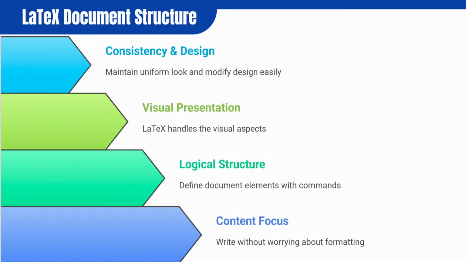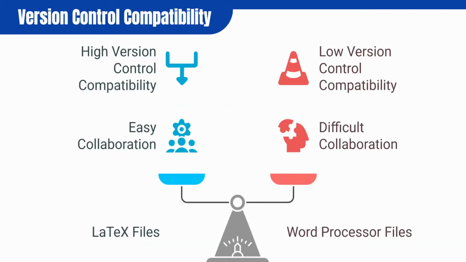So here is version control compatibility. Many times you have observed that when you prepare a document in a word processor and transfer it to another version, the version control capability is low, and sometimes it is not supported on the other system.